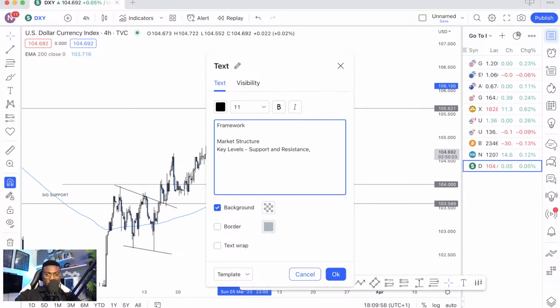So we have key levels, which are basically support and resistance levels. They can also serve as supply and demand levels. We have entry triggers.